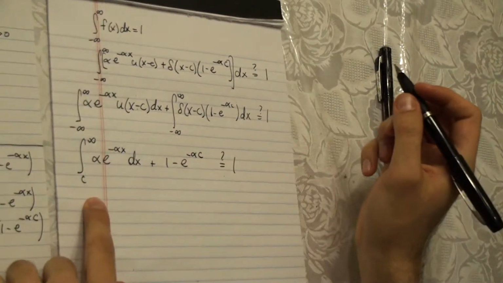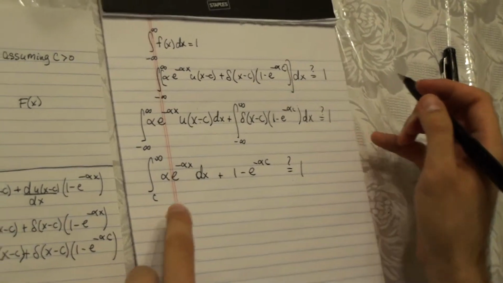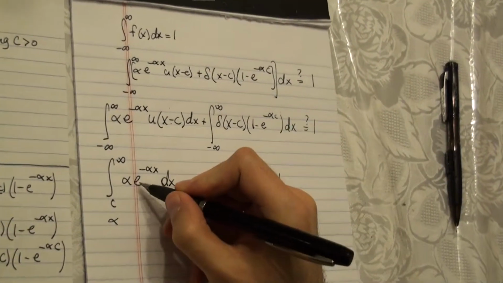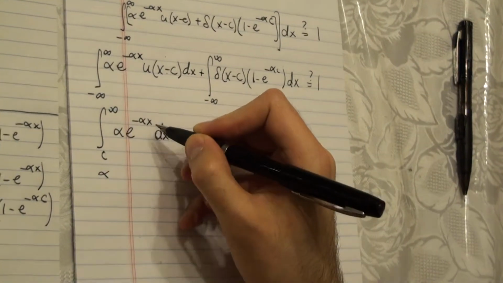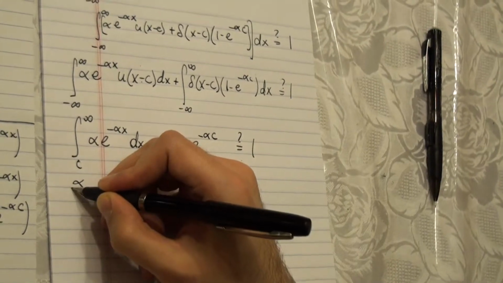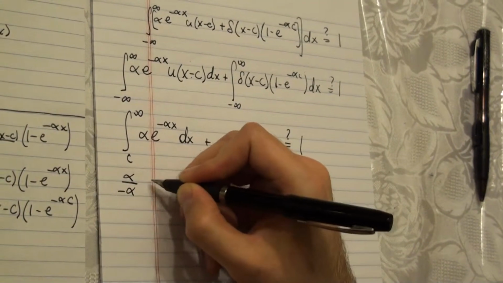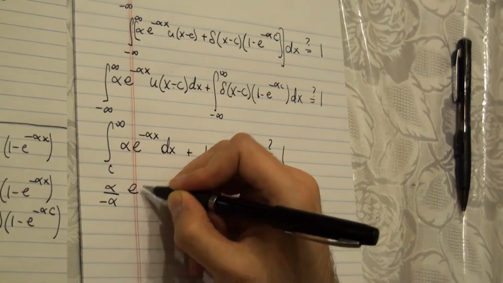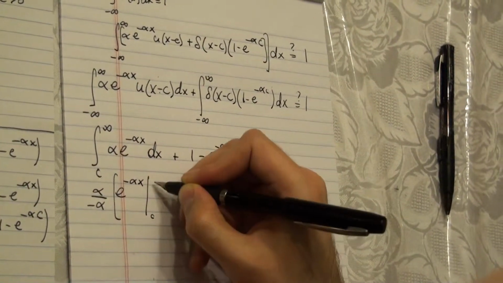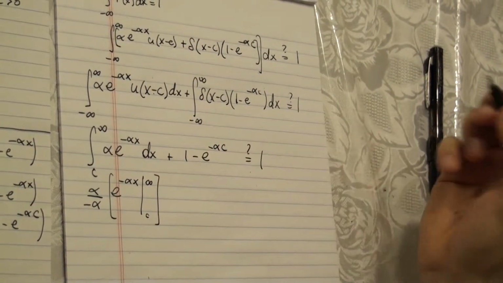So all we have left is to evaluate this integral. We can pull out alpha because it's just a constant. The integral of e to the minus alpha x is just 1 over minus alpha, times e to the minus alpha x, evaluated from c to infinity.